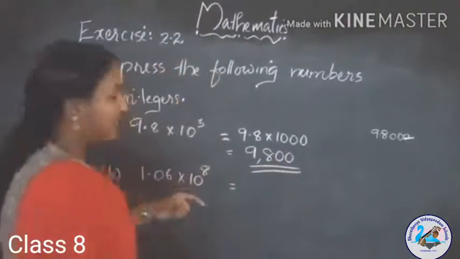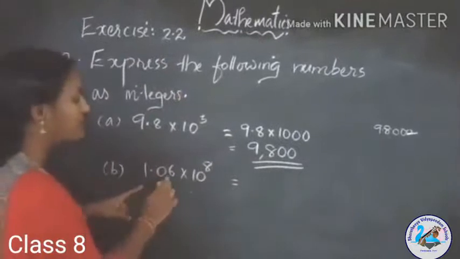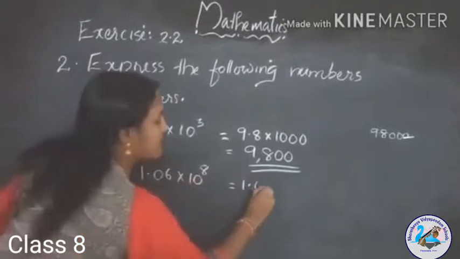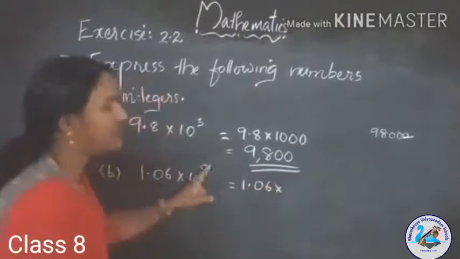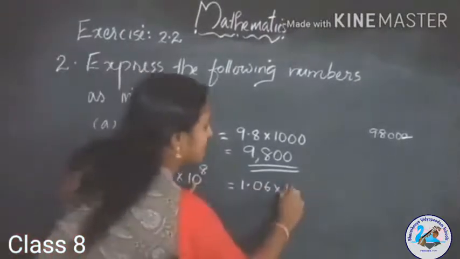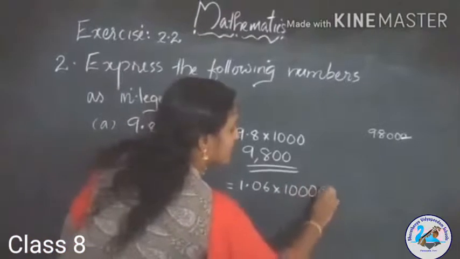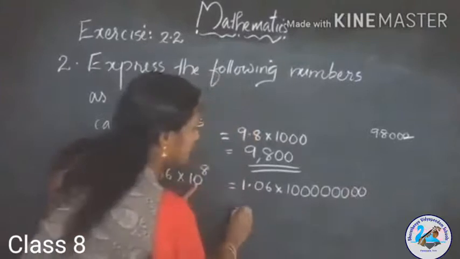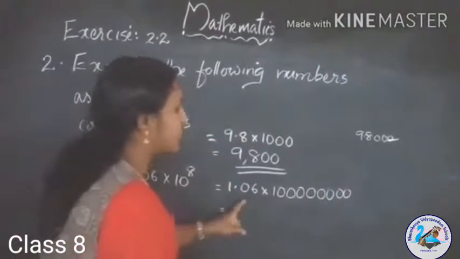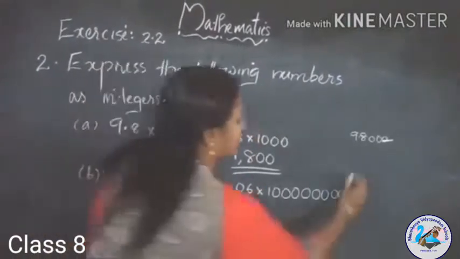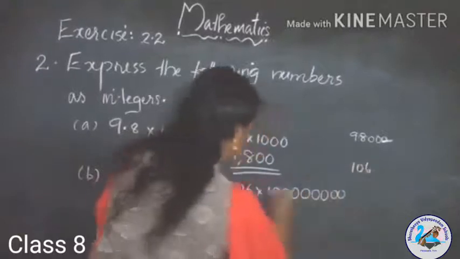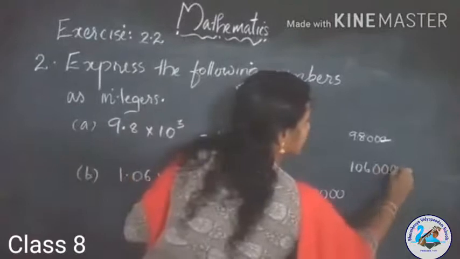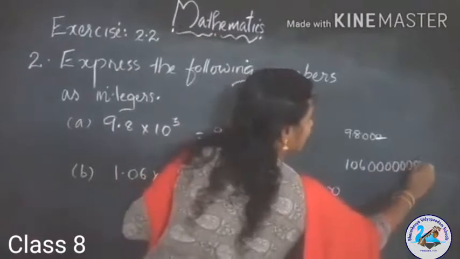The second question, 1.06 into 10 raised to 8. 10 raised to 8 means 10 multiplied 8 times, so 8 zeros. In the same way, you multiply the numbers first, ignoring the decimal. So 106, then 8 zeros: 1, 2, 3, 4, 5, 6, 7, 8.